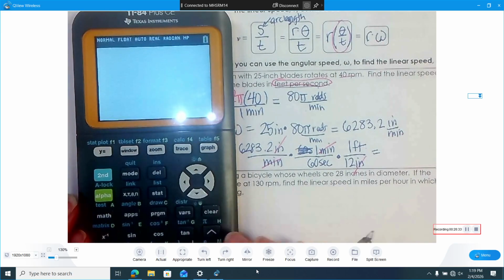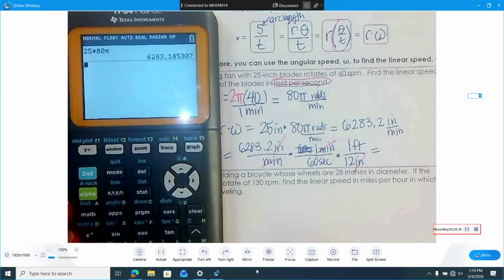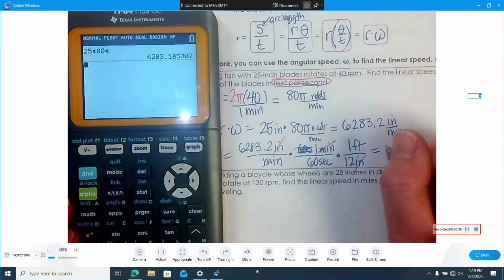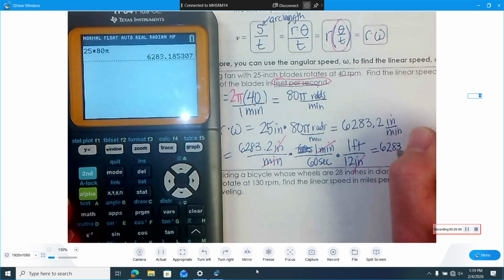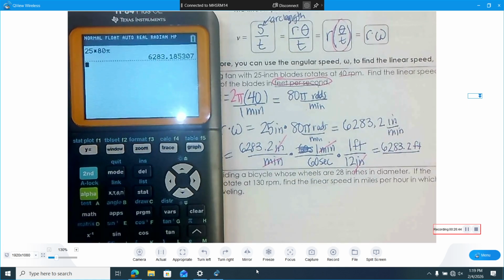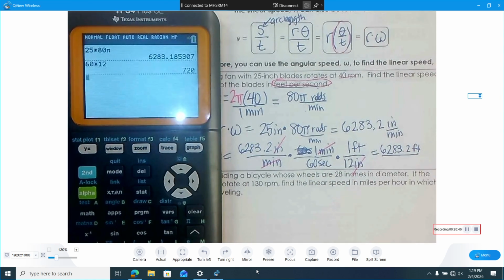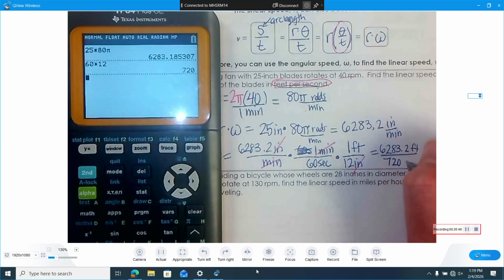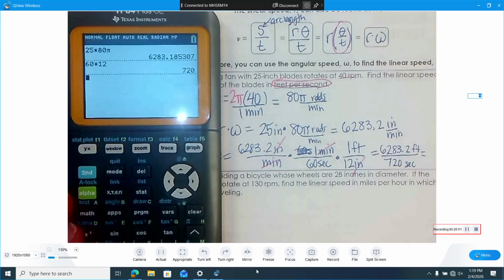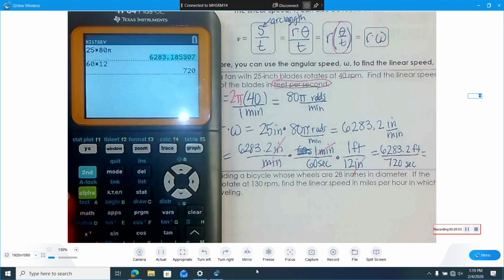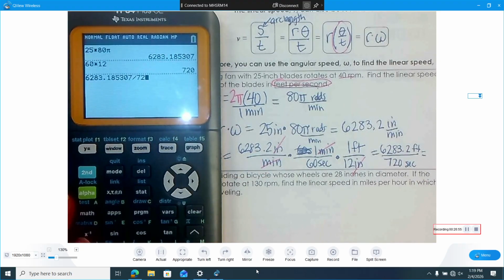There we go. So I have 6283.2 feet on top, and on the bottom, I've got 60 times 12, which is 720 seconds. So I'm going to take my 6283 divided by 720.